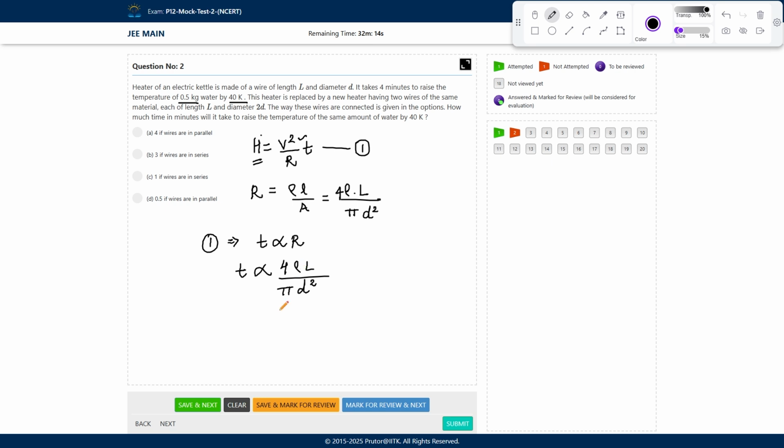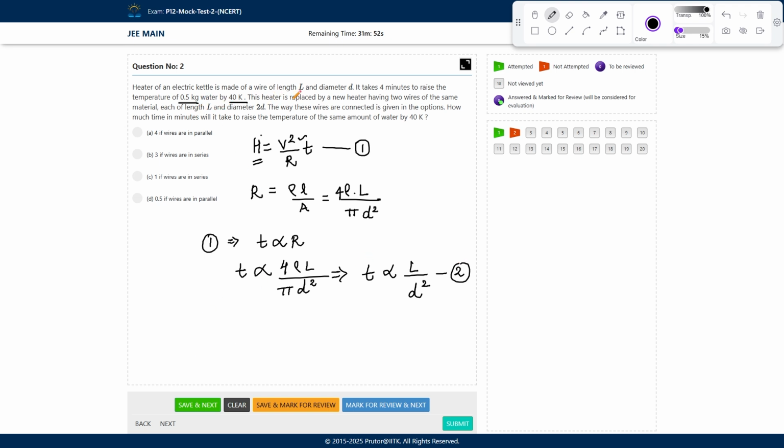Now this 4, rho and pi are also constant, so we can say T is proportional to L by d square, the length divided by the square of the diameter. Now for the second case, you can take it as the second equation.